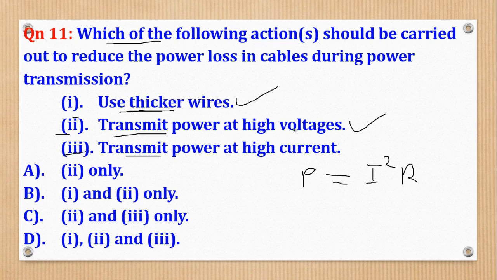Transmit power at high voltages. When you transmit power at high voltages, it means that the power loss in the transmission wires reduces.